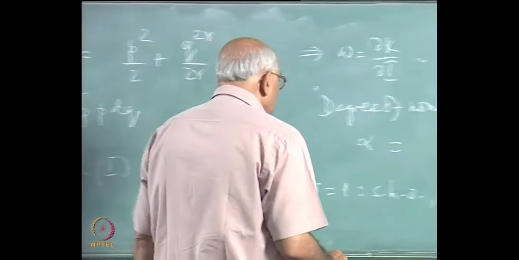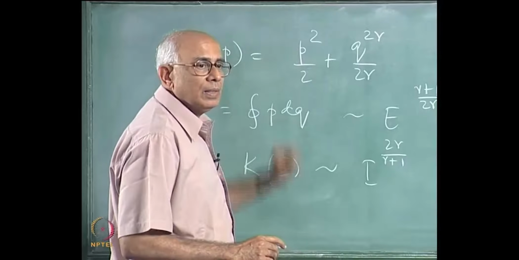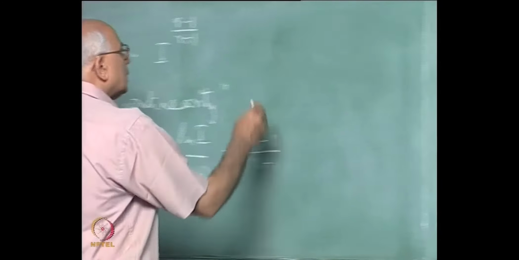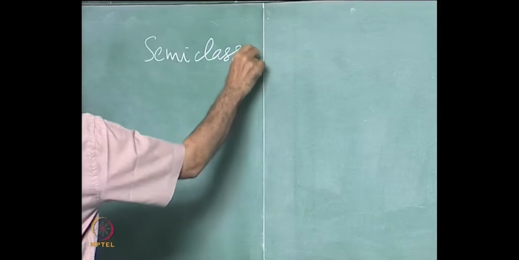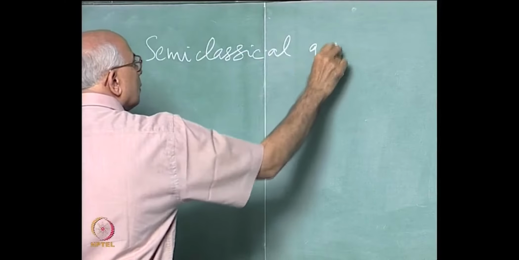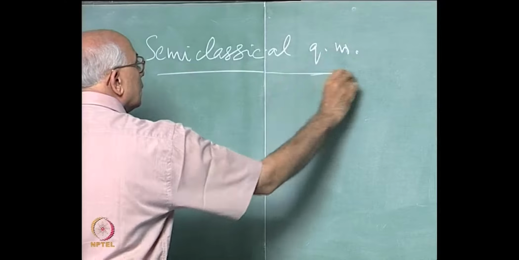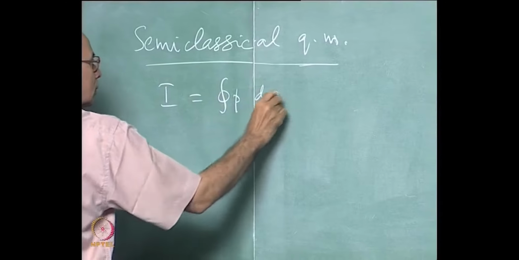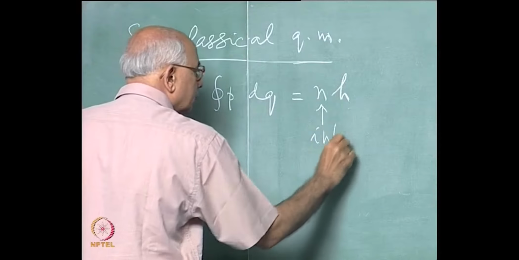Okay. We also saw that the semi-classical quantization of this system is immediate. It follows at once, because if you recall, semi-classical quantization corresponds to writing I, which is integral p dq, equal to n times Planck's constant, where n is an integer.